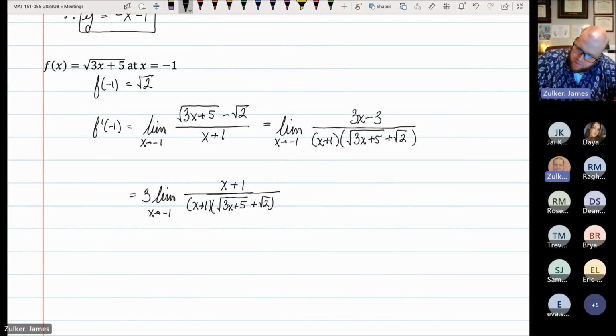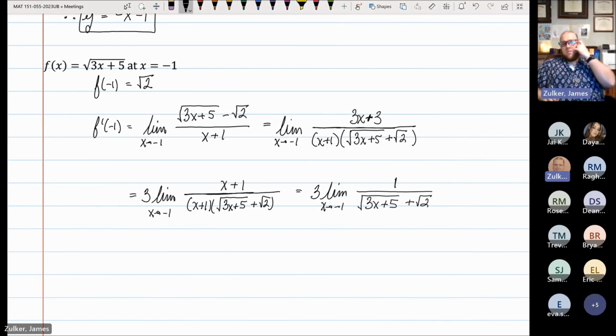That should be a plus 3, but I wrote minus 3. Right? And we're left with this limit. Okay, what does that limit equal? Looks like 3 over 2 root 2.